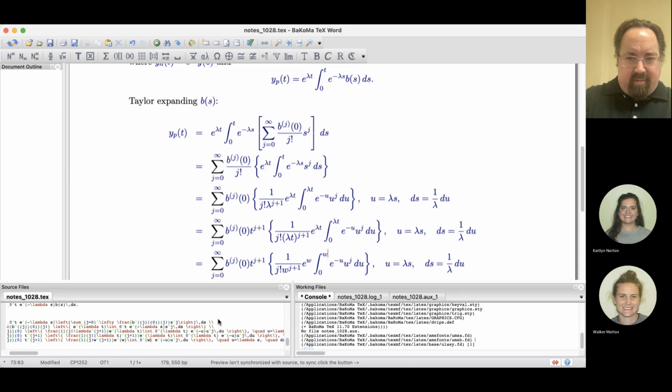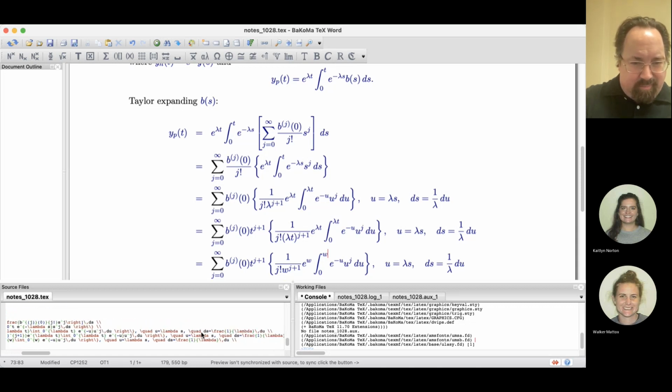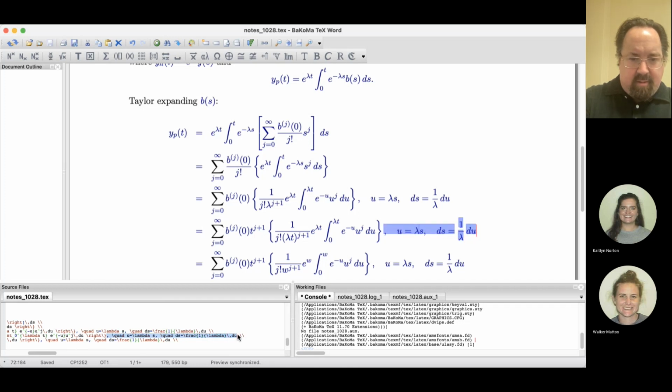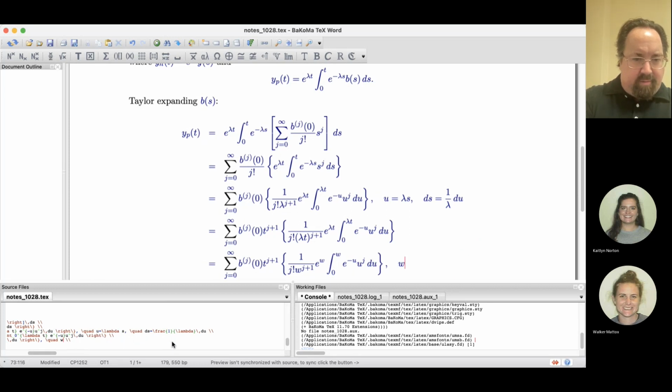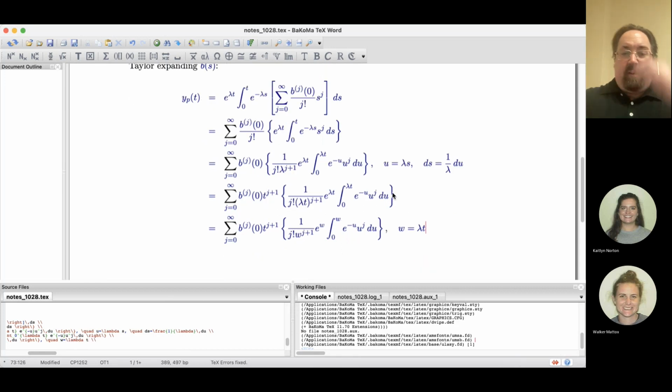Oh, I guess I didn't need to copy the information about the u substitution every time. All right, so I'll define w equal to lambda t.